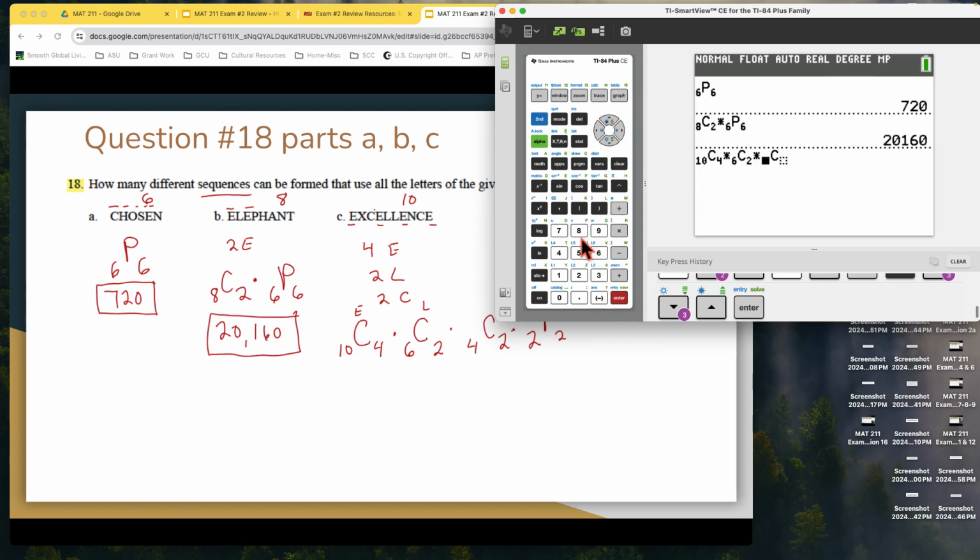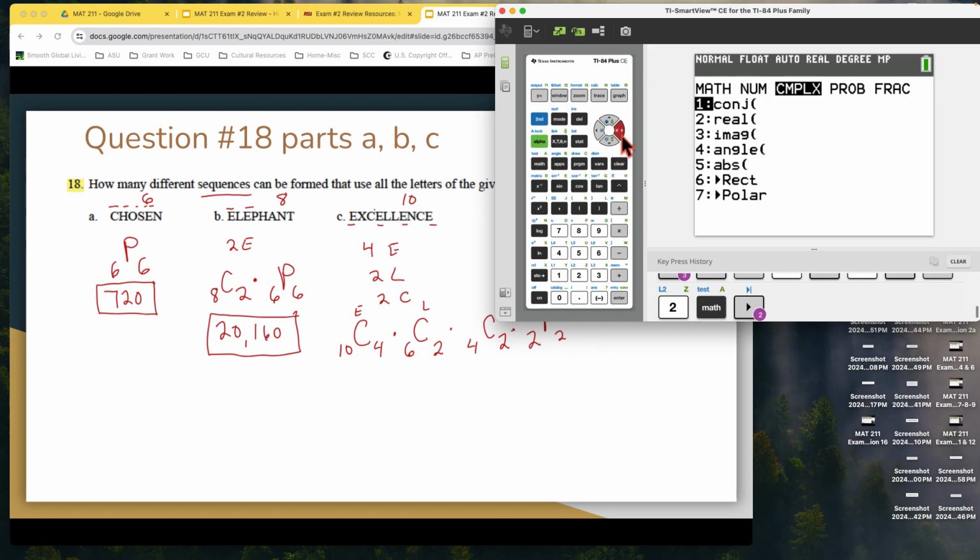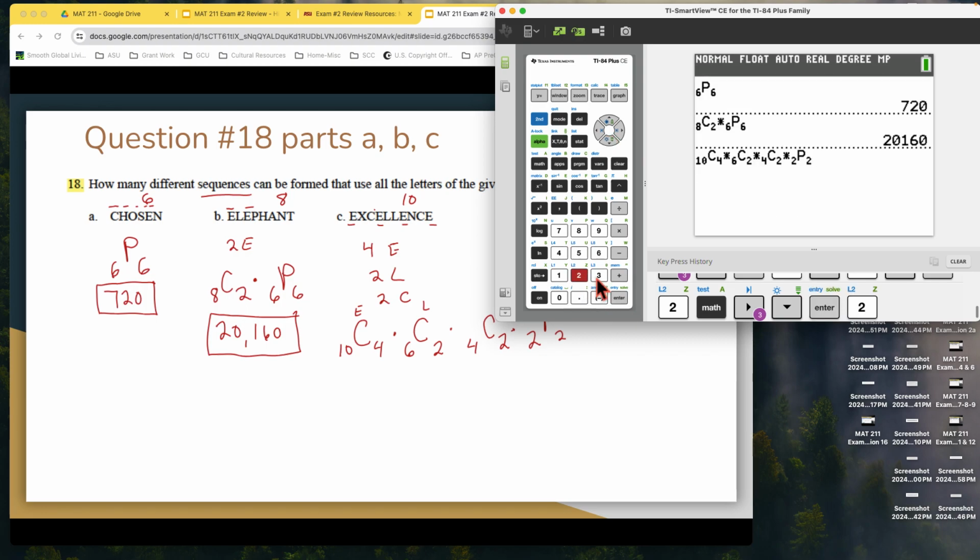Actually, I think there might be a way to assign this to a key, but I'm just rambling here a little bit while I do all this. And then that's a permutation, 2P2. So that's times a permutation of 2. So we've got it all down.